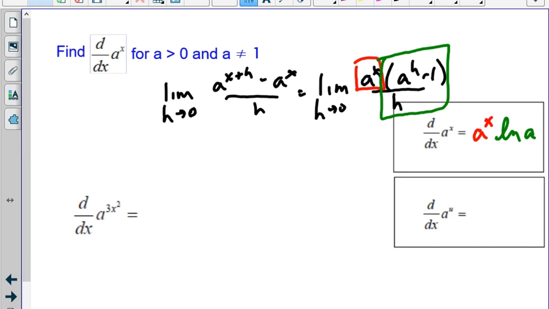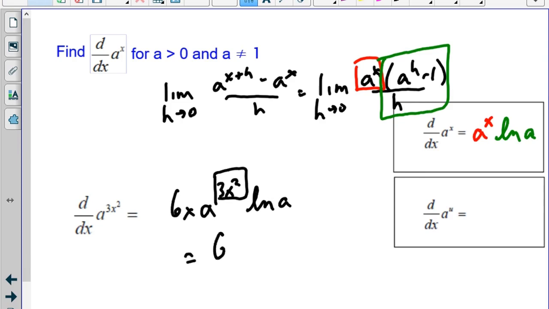So if we look at this last problem, the derivative with respect to x of a to the 3x squared, what we end up with is a to the 3x squared times the natural log of a, and then we have a chain rule component. So this 3x squared, we have to take the derivative of that, so we get 6x.